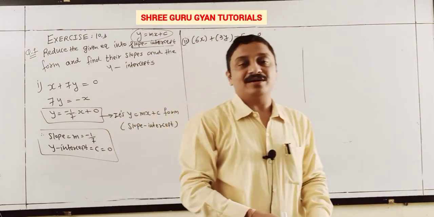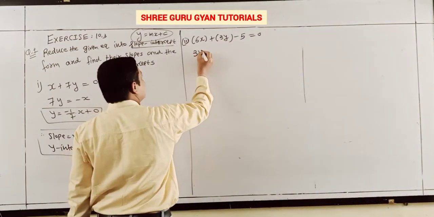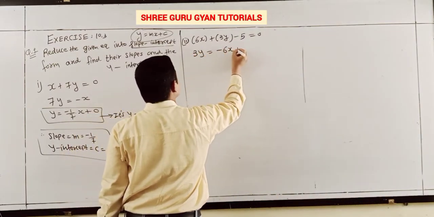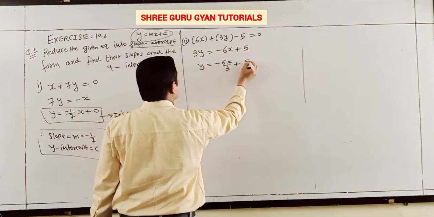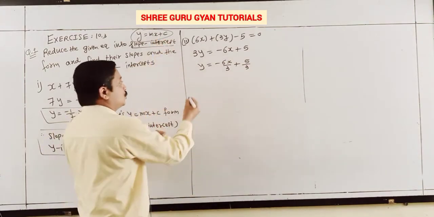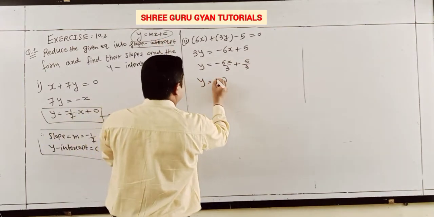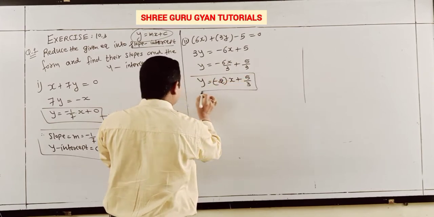Anyhow, you can convert it to y is equal to mx plus c. So 3y is equal to minus 6x plus 5. Can I divide each term by 3? So y is equal to minus 2x plus 5 by 3.